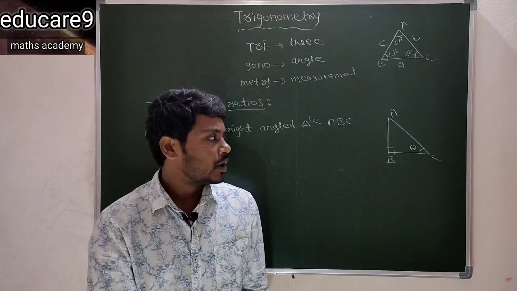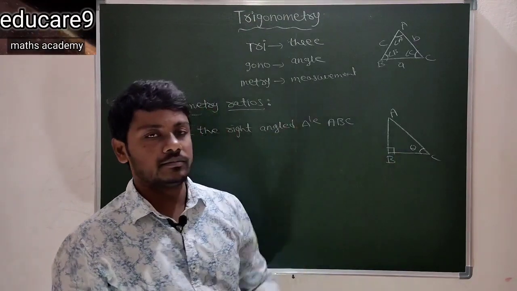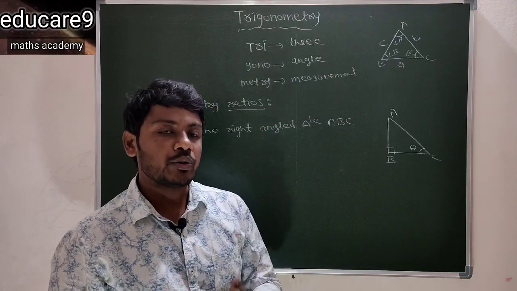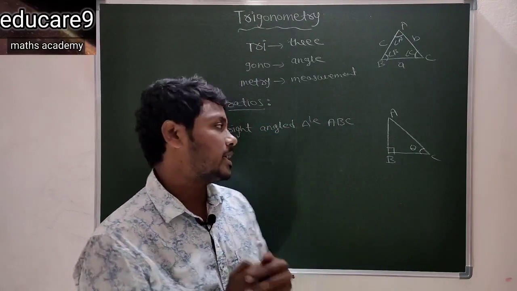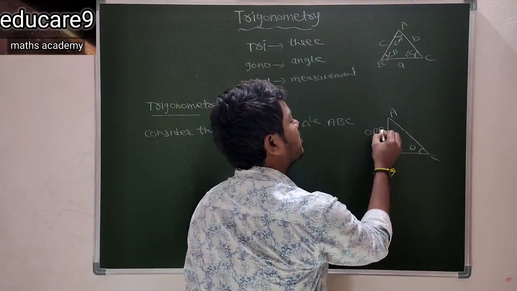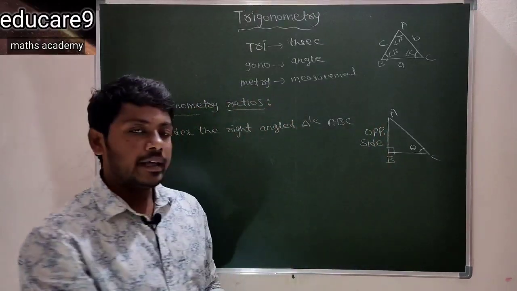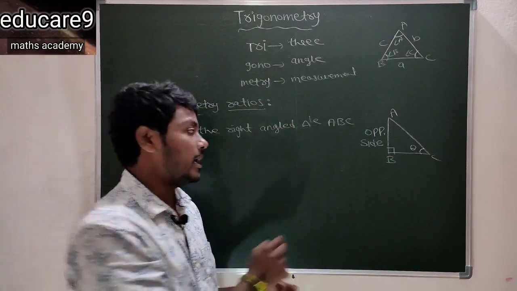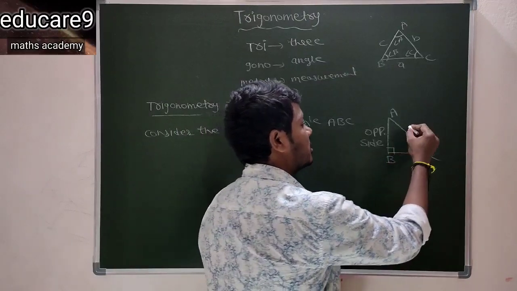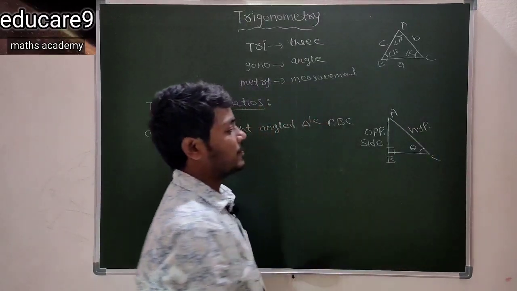Now, opposite to theta is called the opposite side. So this side is known as the opposite side. And opposite to the right angle, this side, is the hypotenuse.